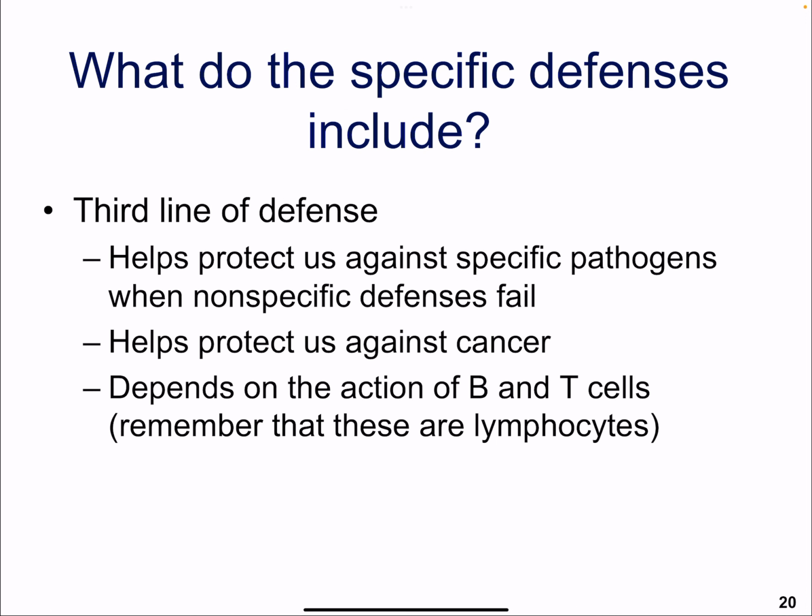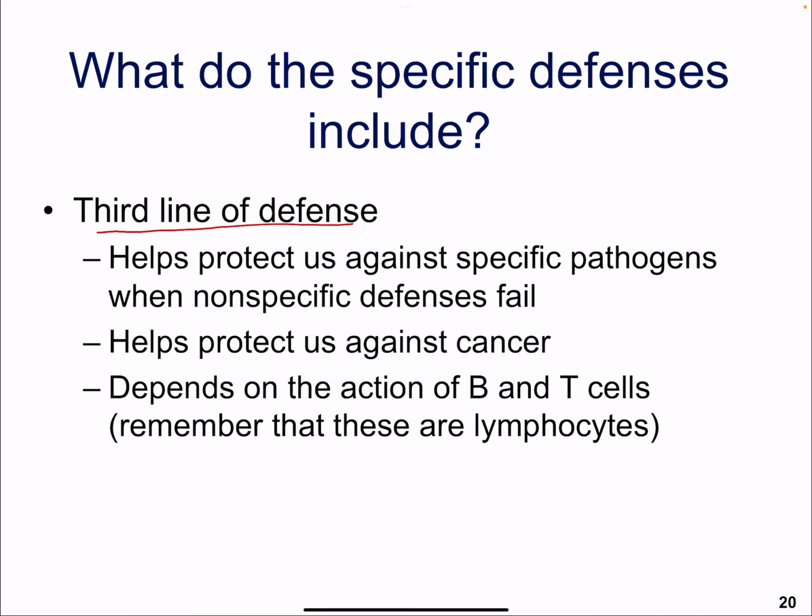Now, how about the third line of defense? The third line of defense is rather a specific immunity. That specific immunity is going to involve B cells and T cells.